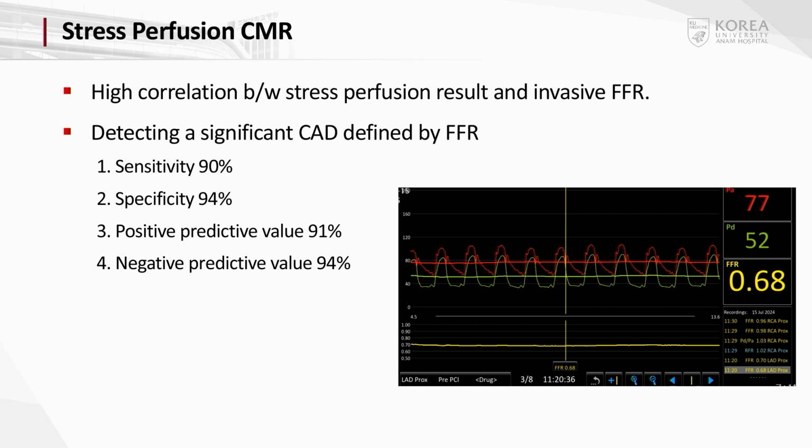Between them there is a very high correlation with the ischemic defect. So stress perfusion effectively detects significant coronary disease, with sensitivity of 90, specificity of 95, and other performance measures very excellent.